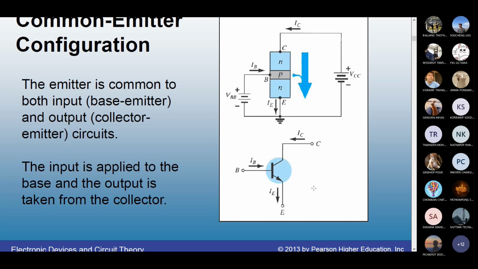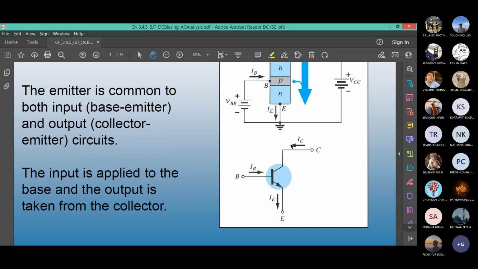This arrow is going out. So you see, IE is going out, IB and IC are coming inside. That is for the NPN transistor. If you have a PNP transistor, instead of going out, the arrow will be like this, going in to the device.